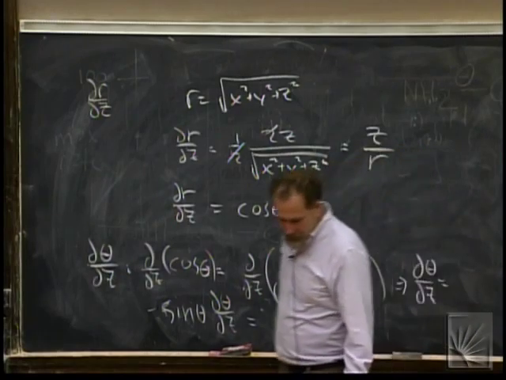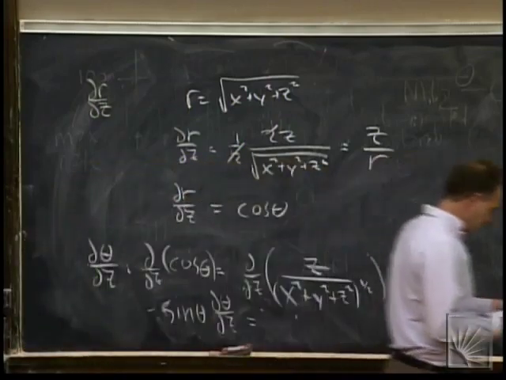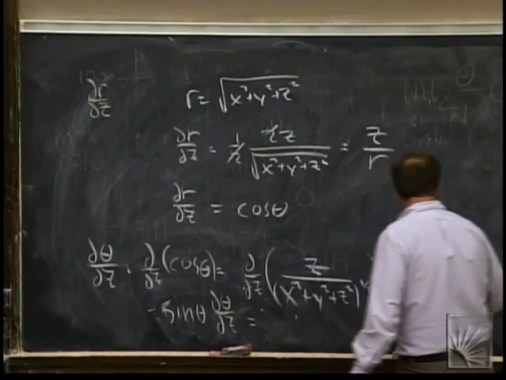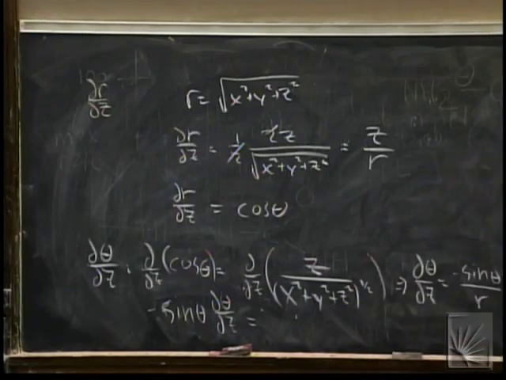You do all that, and you end up with terms like r and z, and then you plug back in for their r, theta, phi equivalents. And d theta/dz actually turns out to be simple in this case. It's minus sine theta over r. Okay?